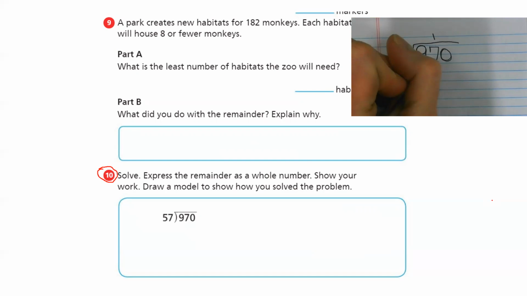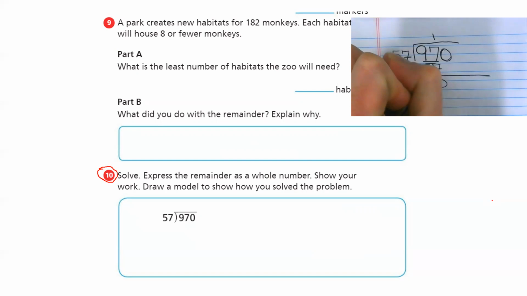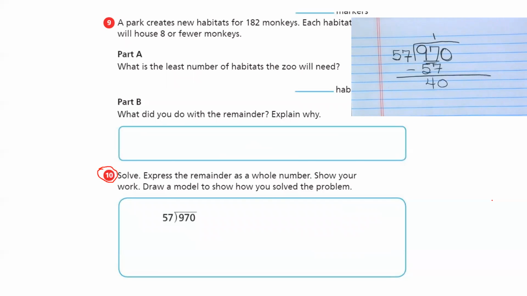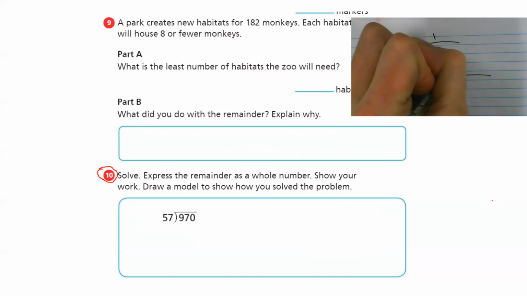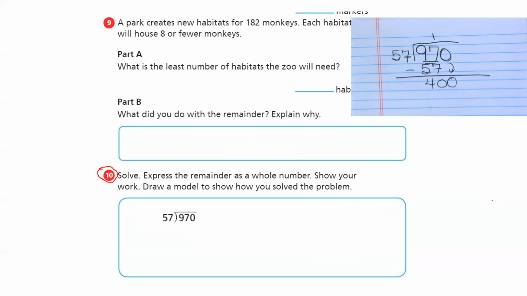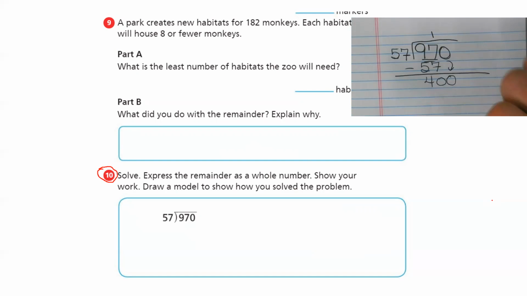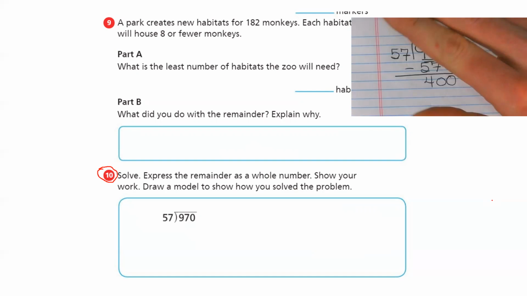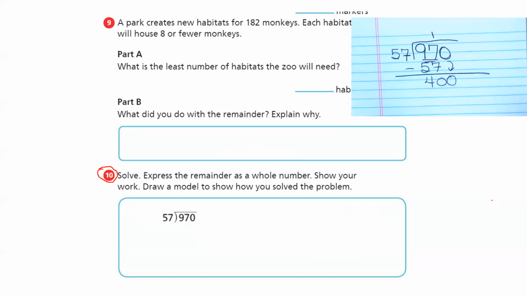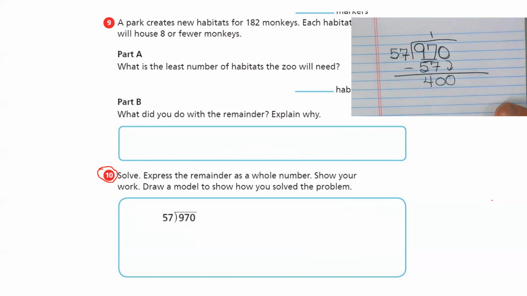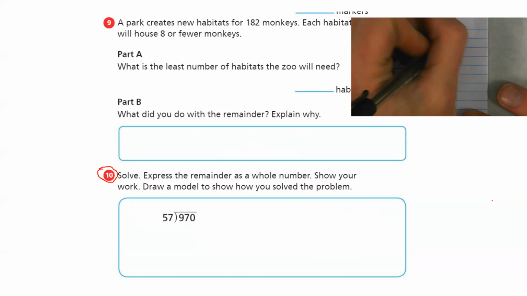What's left over? 40. I count by 50s. 50, 100, 150, 200, 250, 300, 350, 400. 8 is 400. But I counted by 50, so I actually have more than 50. So there's no way it's going to be 8. So my guess is 7.